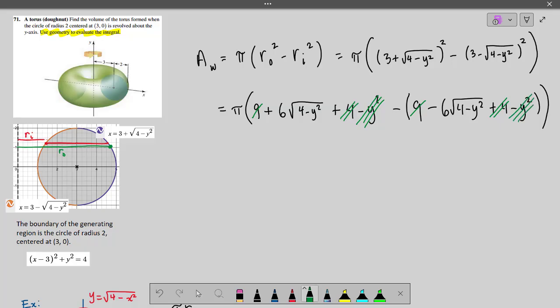So the only things that don't cancel can add together. So we have 6 times the root plus 6 times the root, which gives us 12 times the root. So that is the area function.